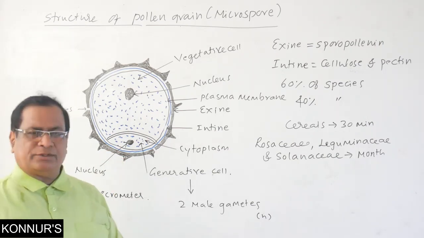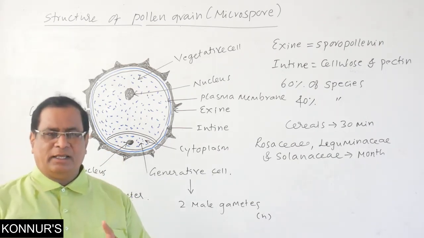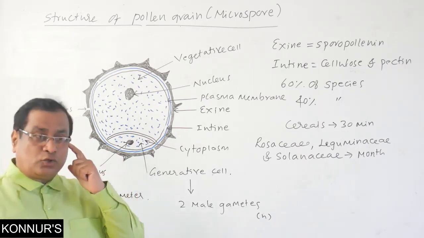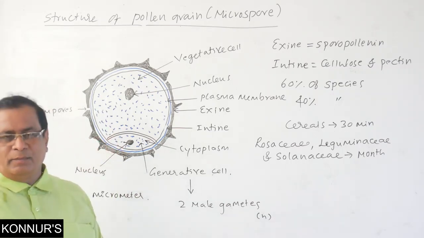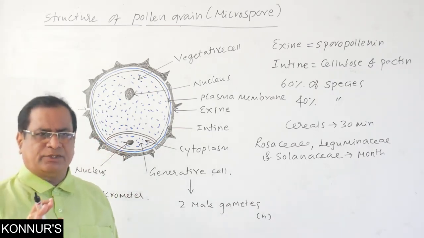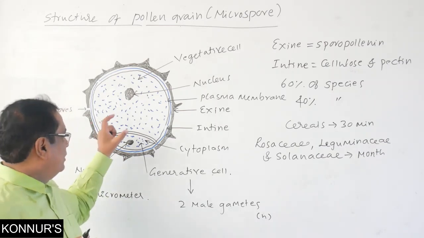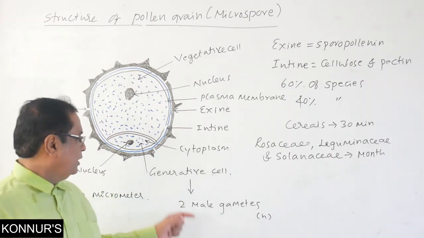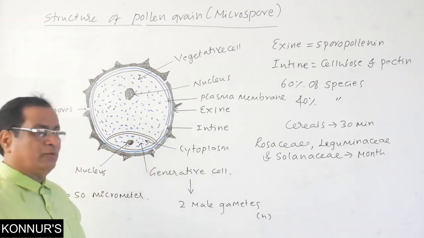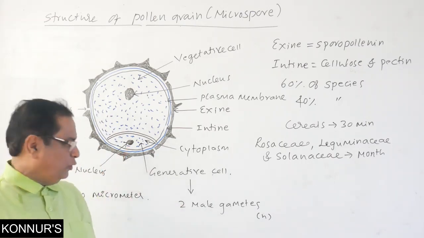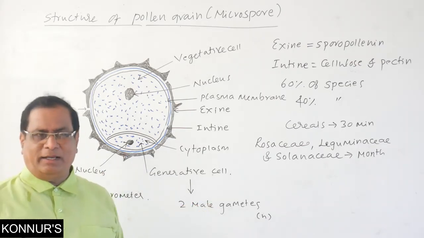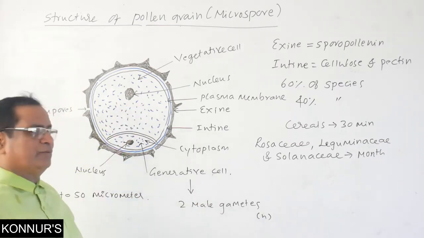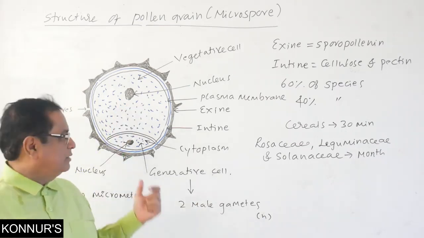In 60% of plant species, pollen grains are shed or discharged in a two-celled stage. But in the remaining 40% of plant species, they are released in a three-celled stage. How? The generative cell gives rise to two male gametes. So two male gametes and one vegetative cell make the three-celled stage.